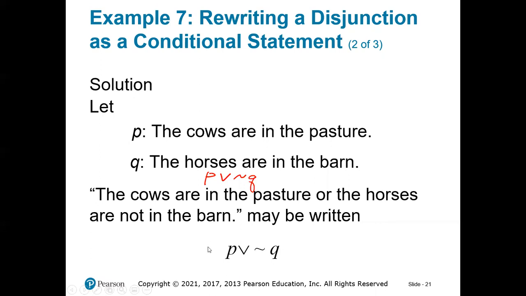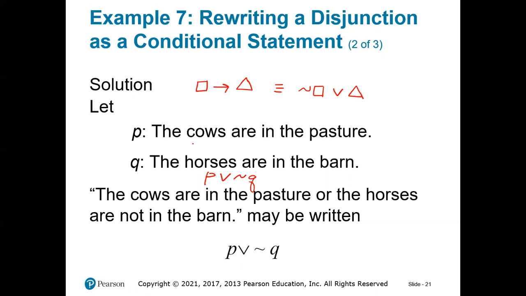This says write something equivalent to it. Remember the law we just did: if you have something arrow something, it is equivalent to the negation of the first thing or the second one.